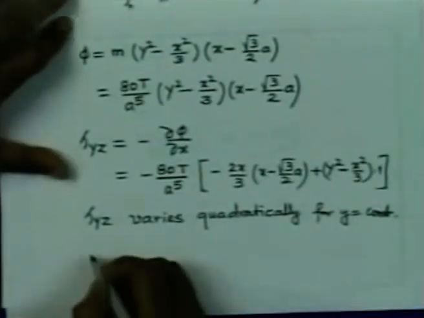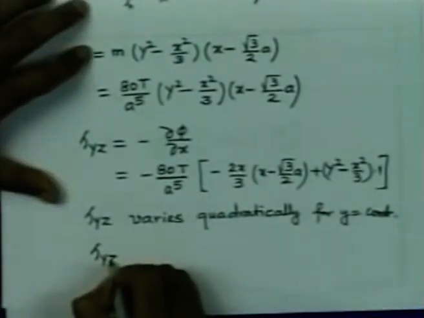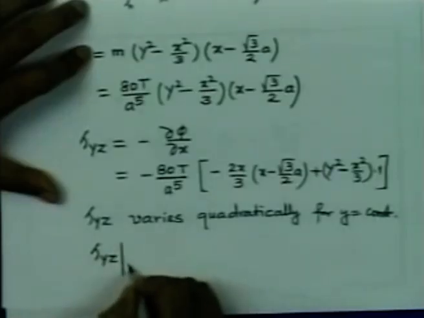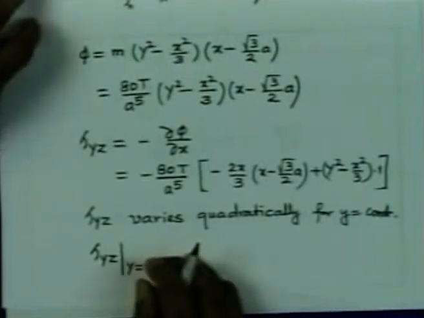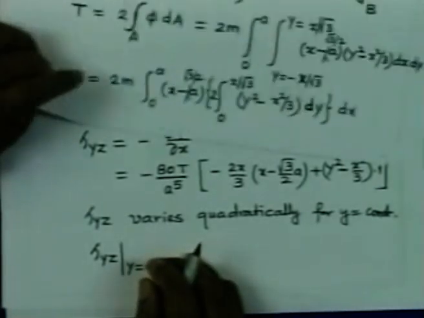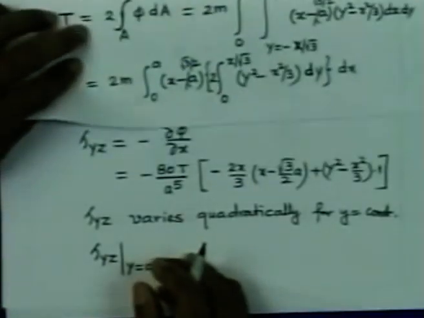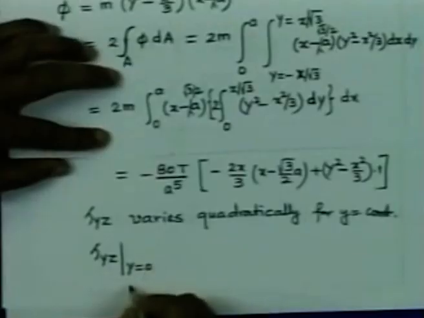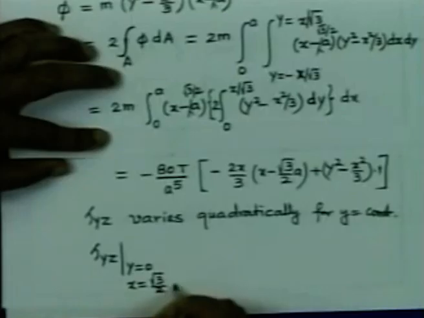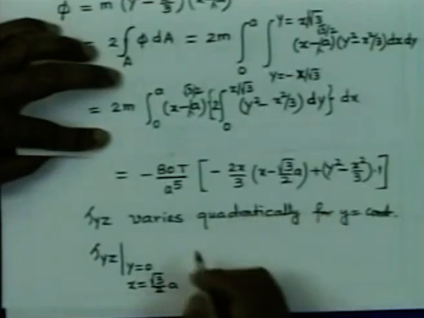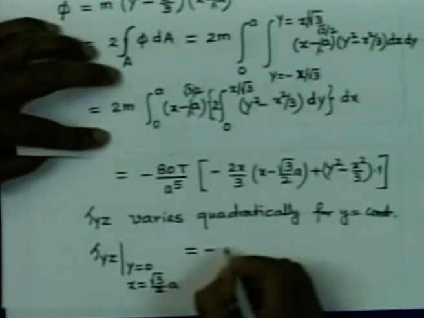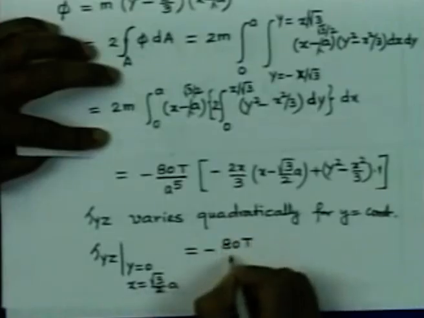Typically, if you like to consider tau yz for y equal to 0 and x is equal to root 3 by 2, so let us get back to our extreme point. So, extreme point is x is equal to root 3 by 2 a. So, if we substitute that, then it comes out to be minus 80 t by a5.